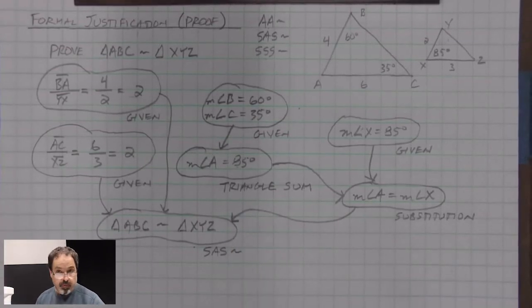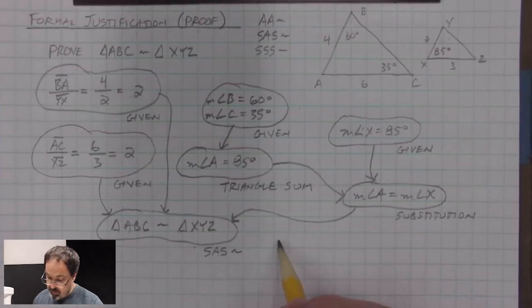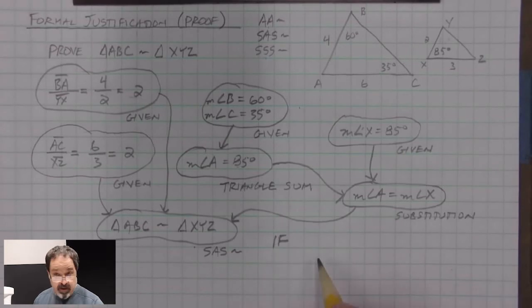This is a formal proof, and all formal proofs can end with a conditional statement, an if-then statement, where what comes after the if is all the given information, and what comes after the then is the conclusion that you reach.